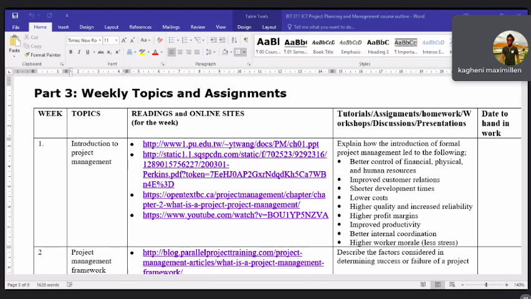So for discussion, some of these questions you'll have to get answers to. Explain how the introduction of formal project management led to the following. Initially, projects used to be managed by people who did not go through formal training of project management, so it did not produce good results.